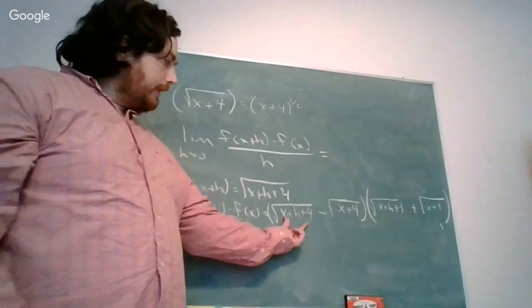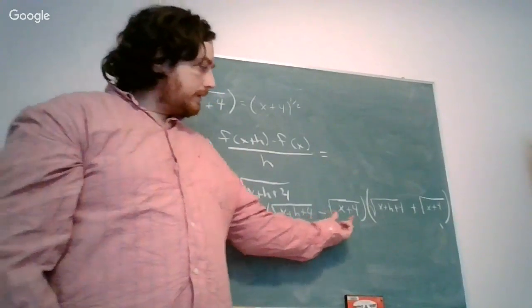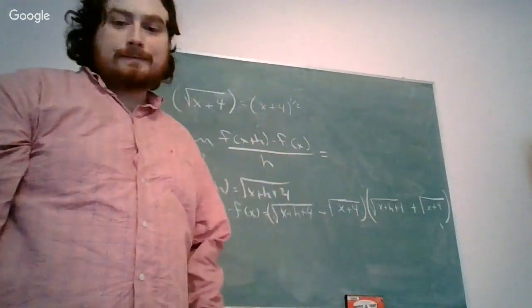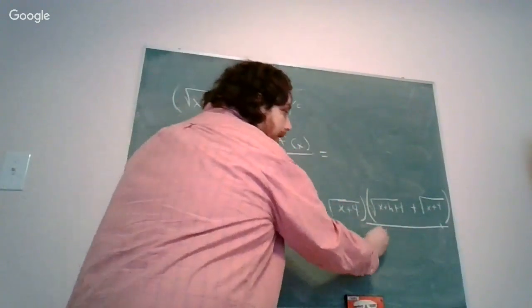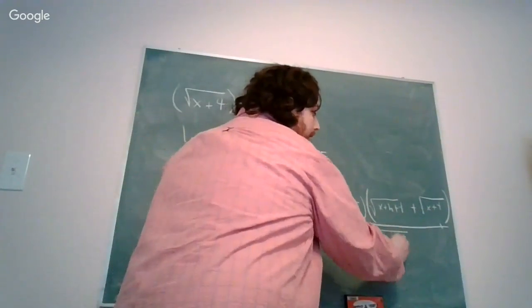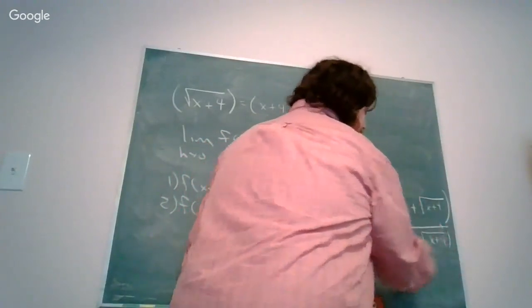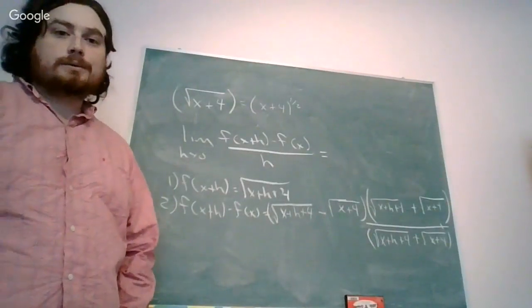I leave everything alone inside each square root, but instead of subtracting, I add. That is my conjugate. Since I'm multiplying by that, I also have to divide by that, so that I have the same problem. And again, that's the trick for square roots.